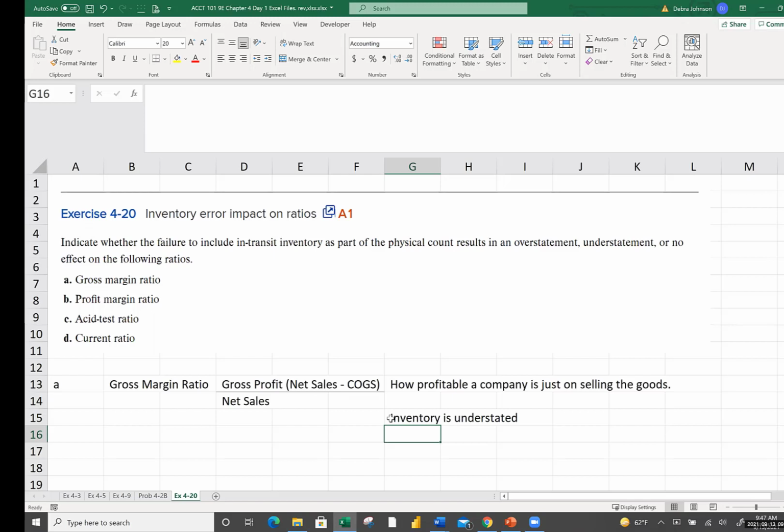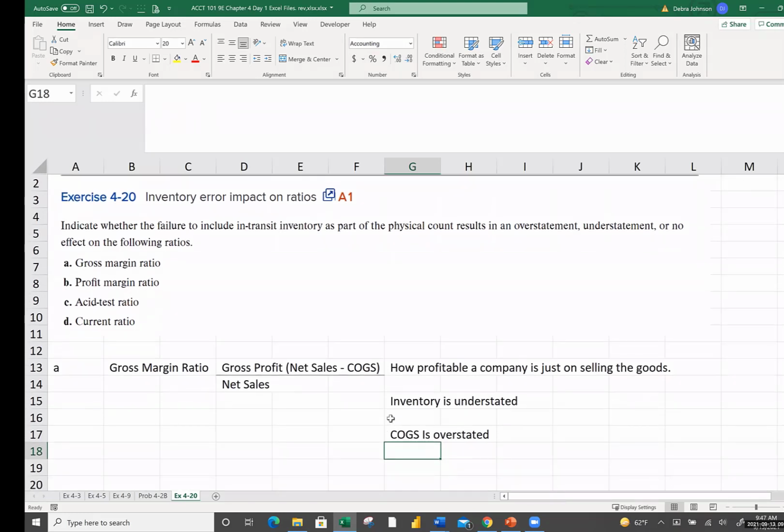If inventory is understated, that means that cost of goods sold is overstated. They always go opposite, inventory and cost of goods sold. If one's under, the other one's automatically over. We'll talk more about that in chapter 5. And if cost of goods sold is too high, that means the gross profit will be too low.